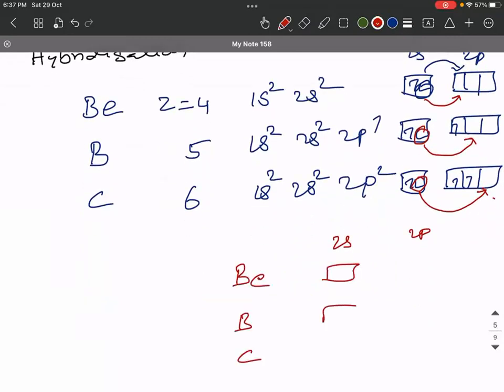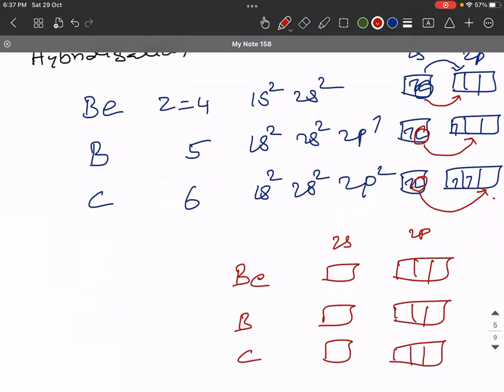In the 2s orbital you have one electron, and in the 2p orbital you have one. Beryllium has 1, 2, 3, 4. Now check the valency. Here 2, here 3, here 4.